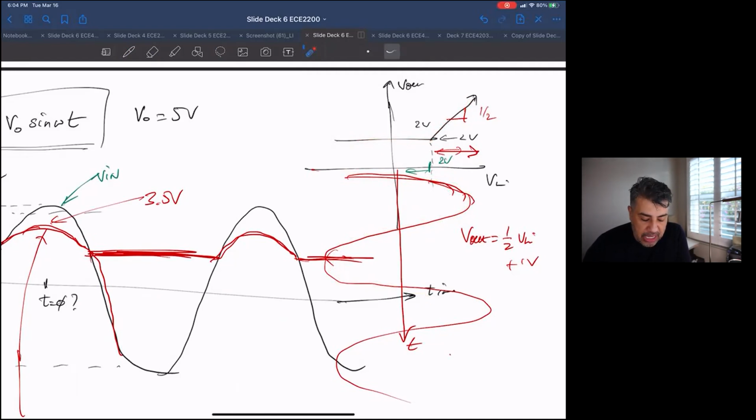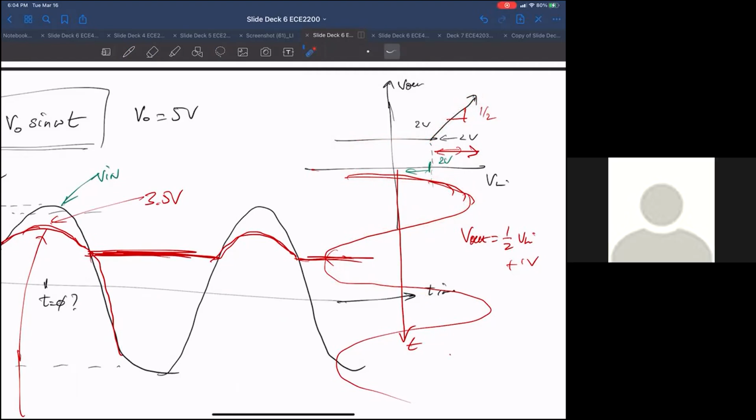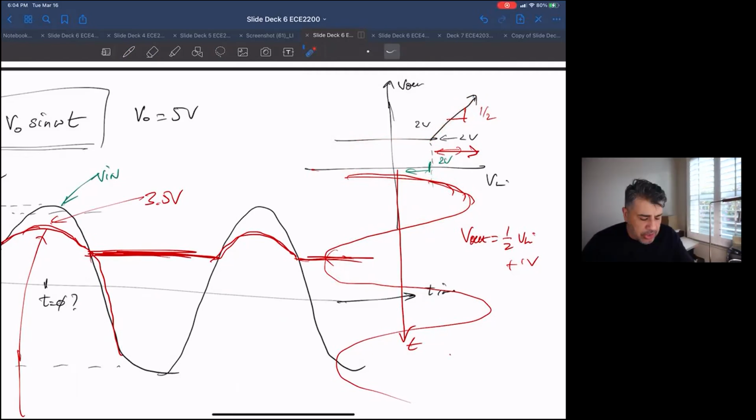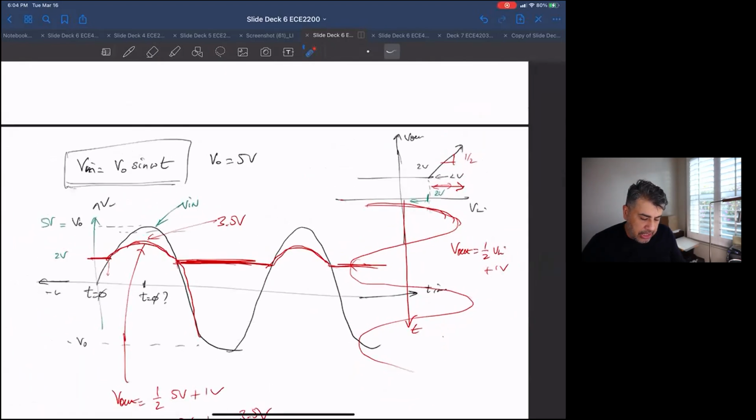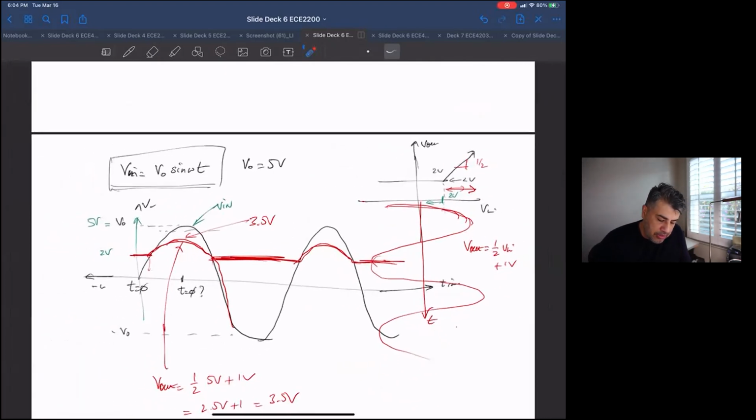Now you can see how in this section V out is all 2 volts, and in this area V out is all 1/2. Does that make sense? It's a visualization method that the books use. Yeah, that makes sense. Otherwise, you can really do the same thing. You don't really need to do that. You just need to keep track of the fact that you have this transfer function with this input.